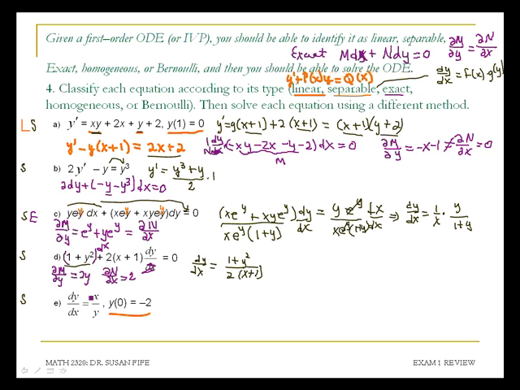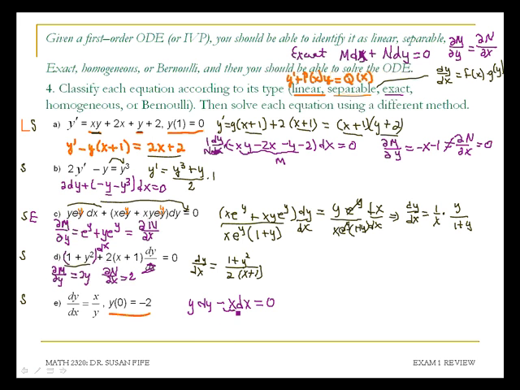And for the last one, if I multiply by y, I'm going to get y dy, bring the x over, and multiply by dx, I'm going to get minus x dx equals 0.